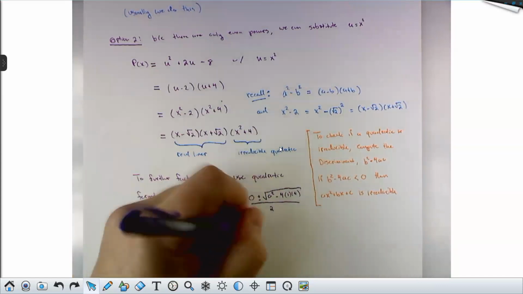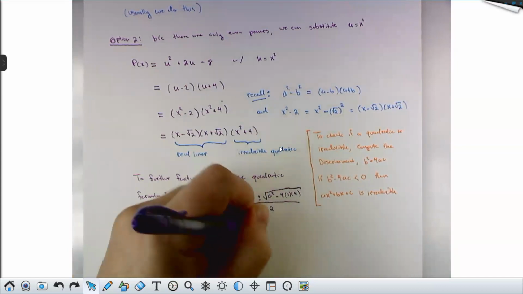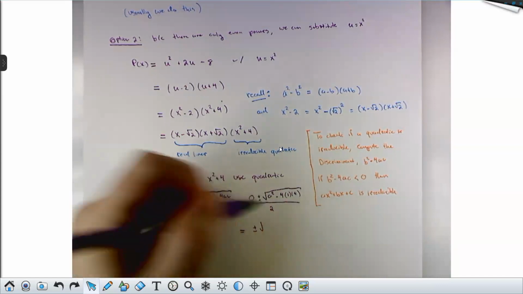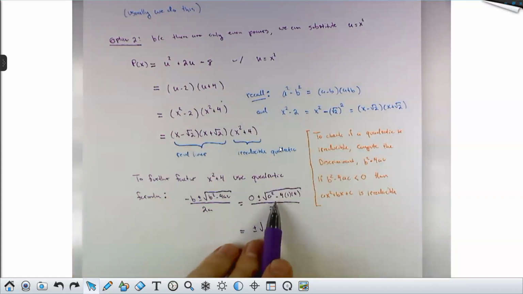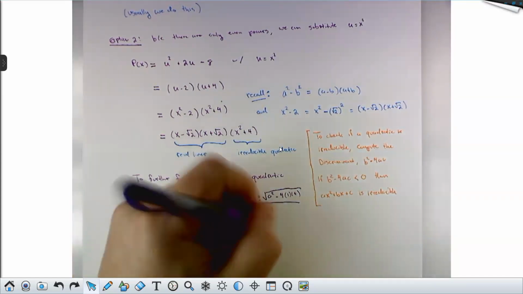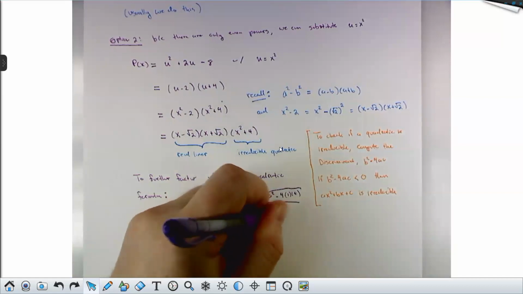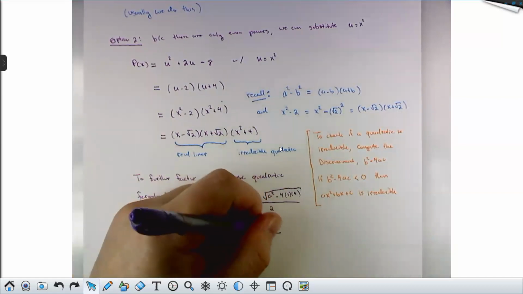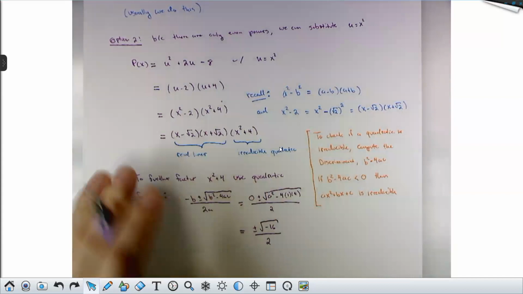The 0 is 0, so this is plus and minus the square root of 0 squared is 0, minus 4 times 1 times 4 is negative 16, and this is all over 2.